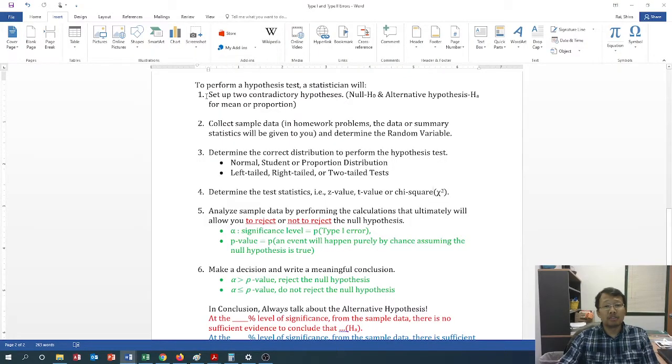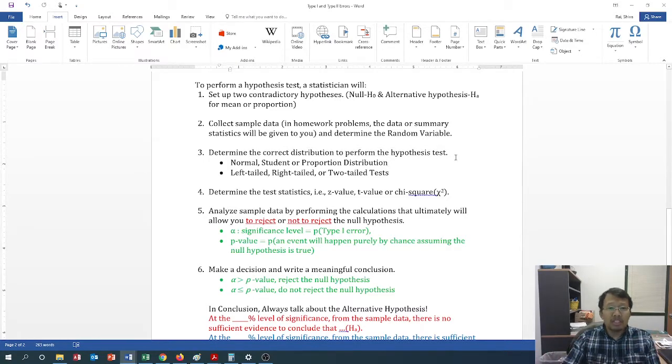We first need to set up two contradictory hypotheses, null and alternative, for mean, proportion, or chi-square. Then we collect the sample data, or in the case of chi-square, the observed data is given and we need to find the expected values. Then we need to determine the correct distribution to perform the hypothesis test.